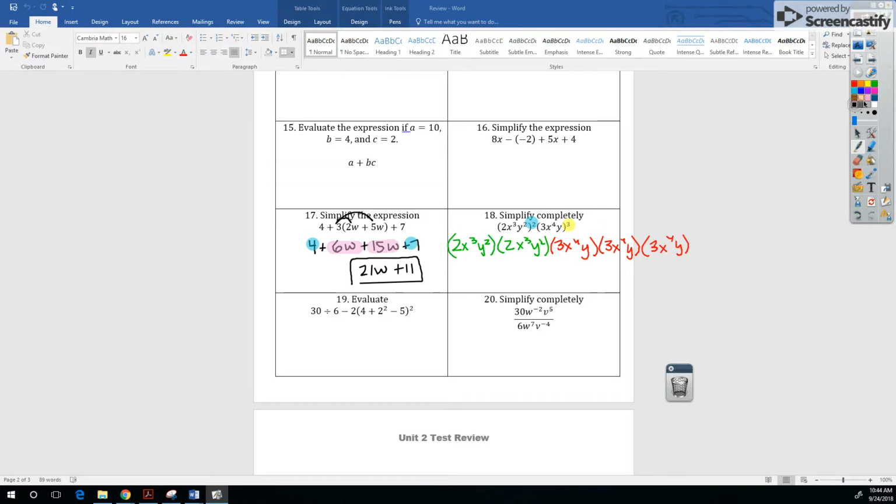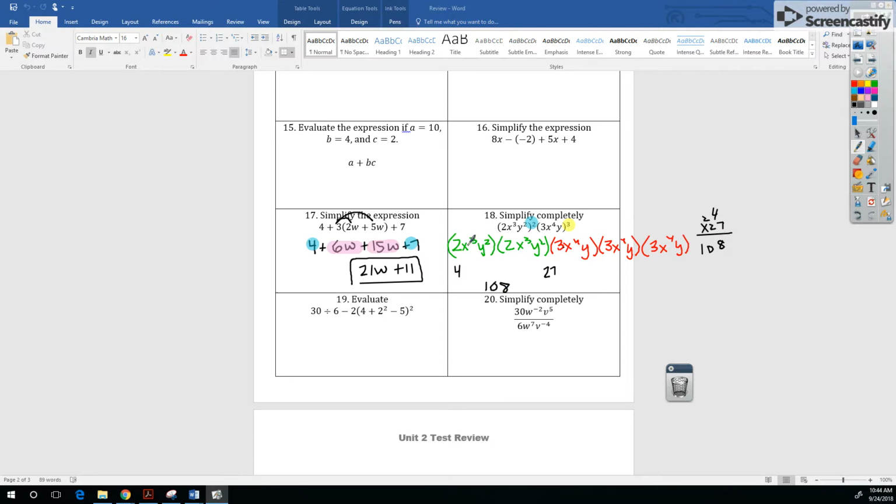Multiply all the numbers together. 2 times 2 is 4, times 3 is 12, times 3 is 36, times 3 is 108. So 2 times 2 is 4, 3 times 3 times 3 is 27, and 4 times 27, I'm just checking myself. 4 times 7 is 28, yeah, 108.